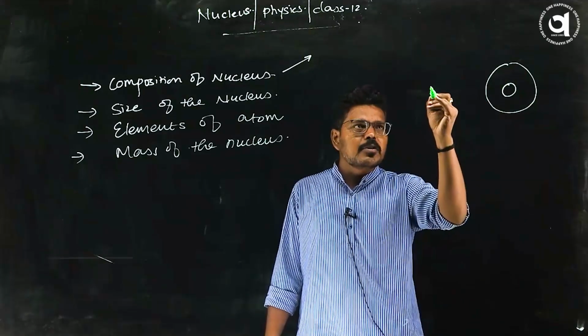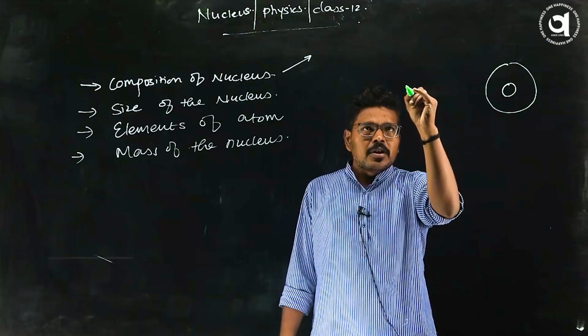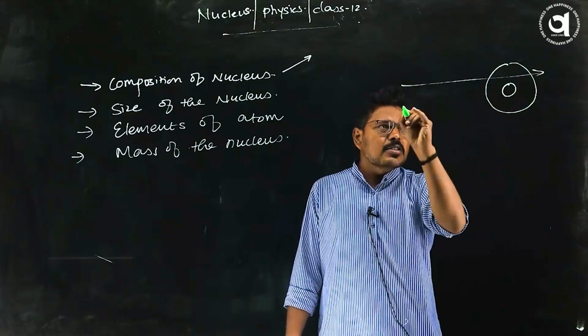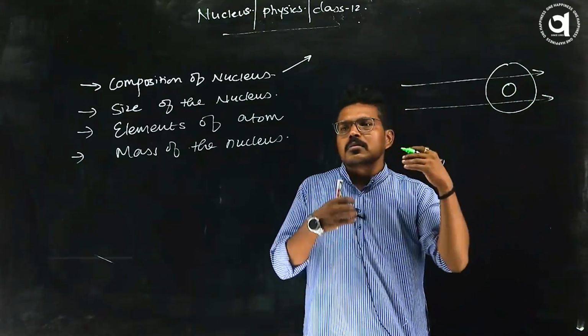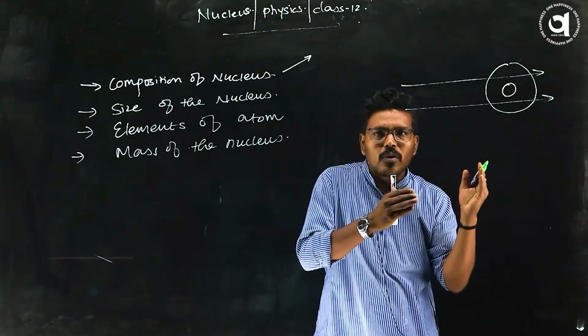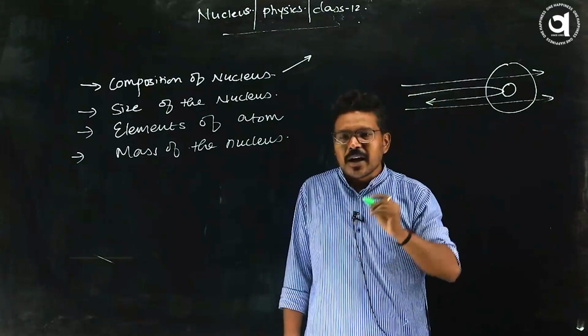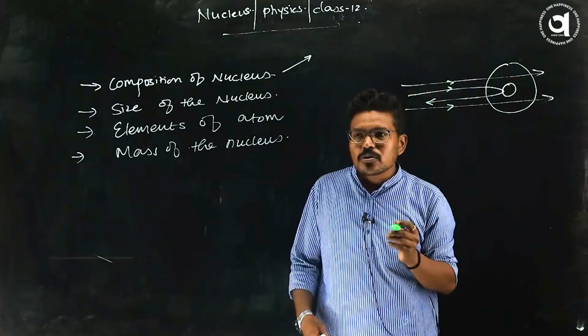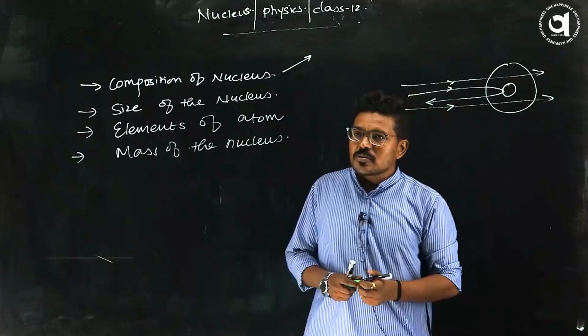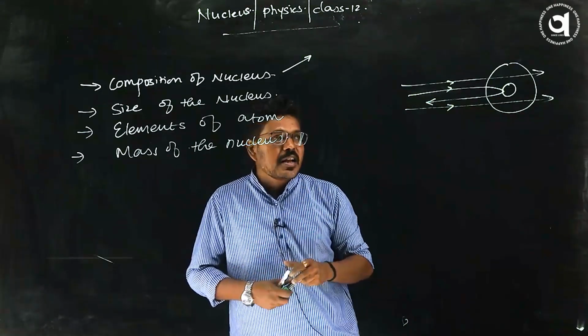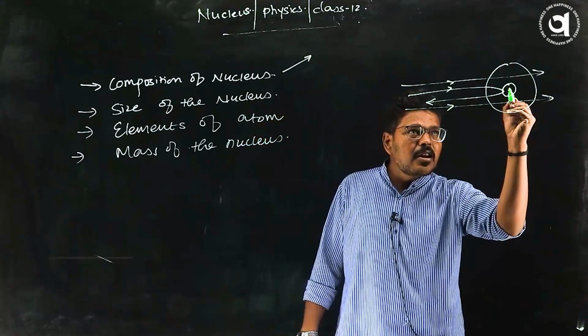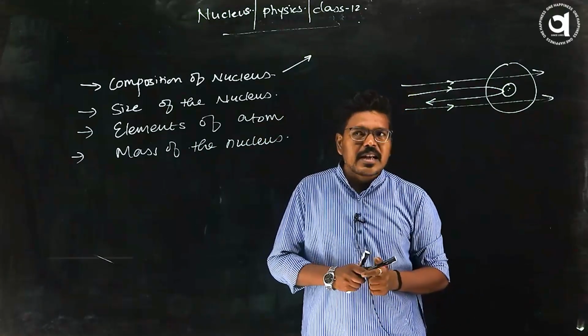What we observed is that most of the alpha particles were passing through the gold foil, but a few were returning back.